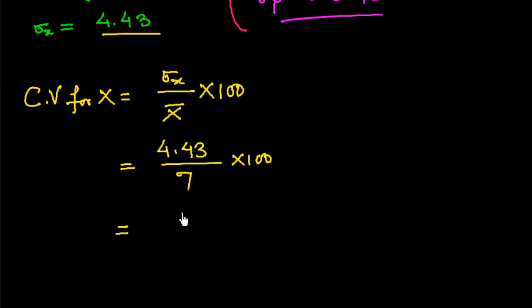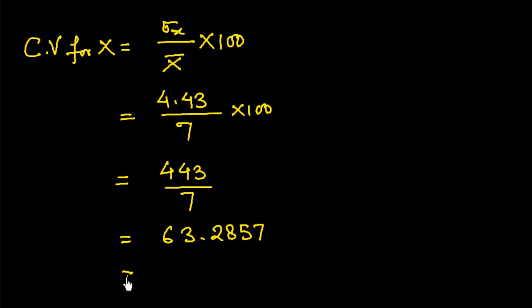It is 4.43 into 100. So we get 443 over 7. 443 divided by 7, we get here 63.2857. Or if we take only 2 numbers after decimal, we get 63.29. So this is the CV, coefficient of variation for x.